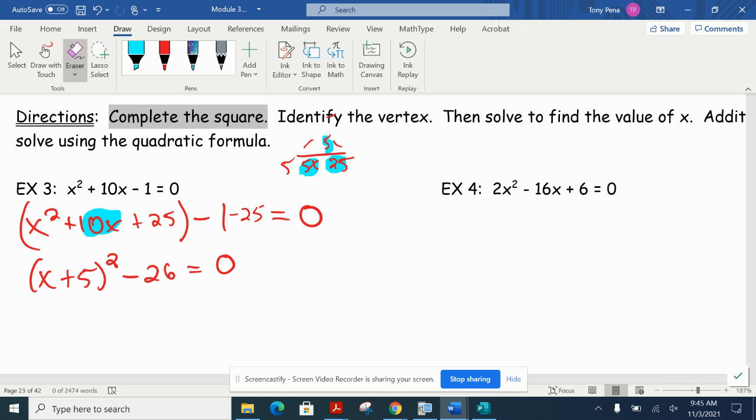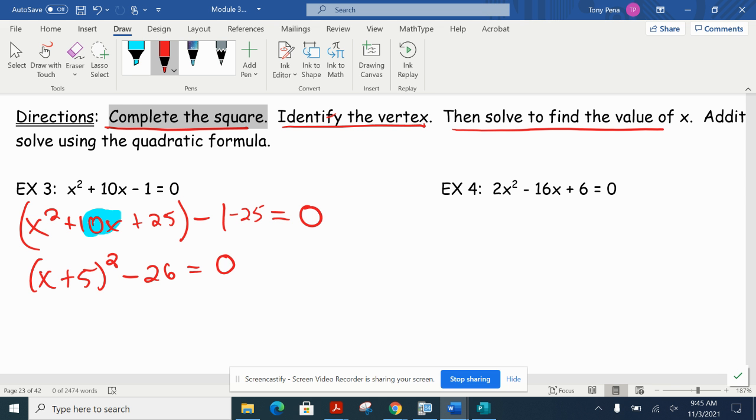So we've done the first two parts of this problem. I asked you to do a bunch of things in this problem. So this one is asking you to complete the square. We've done that. If I ask you to identify the vertex, it's negative 5, negative 26. I now ask you to solve this for the value of x. This was our last quiz. So this is the quiz some of you just got back for your corrections.